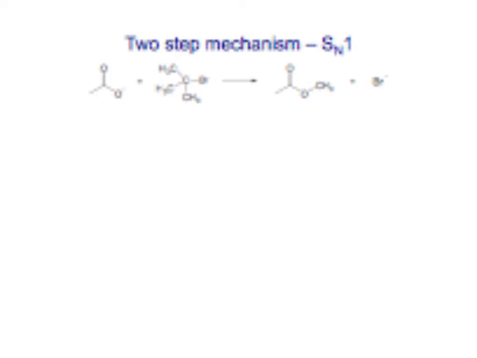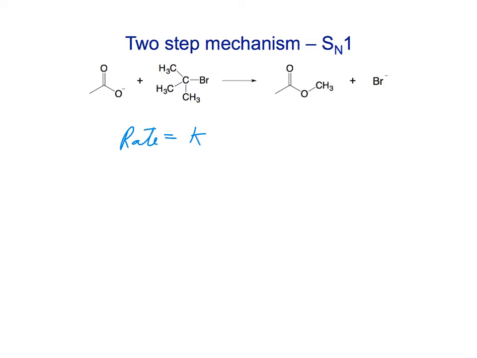In contrast, in the two-step mechanism, the rate of the reaction is only dependent on the concentration of the alkyl halide. So the rate equals the rate constant, but in this case it's only times the concentration of the alkyl halide.